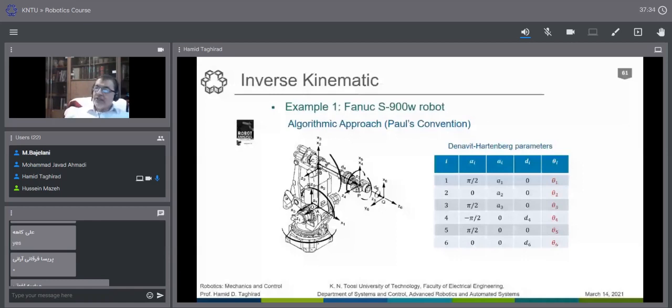So we have x3 and z3 here, and this point P. This point P in frame 3 has a length of this link length, which we call A3, along the Z direction. Or we call it D4, sorry, we don't call it A3, we call it D4.